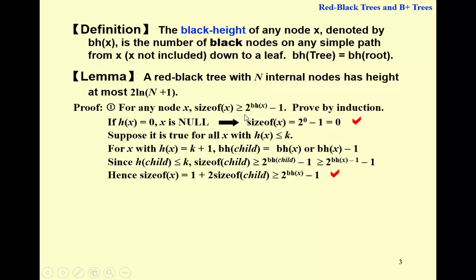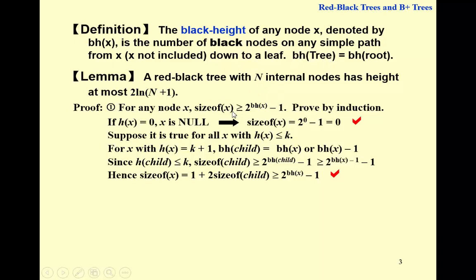Okay, if we have this inequality, let's replace x by the root of the tree. What do we get? The size of the root is what? Is the size of the whole tree. That part will be n, right? And the black height of the root is the black height of the tree.